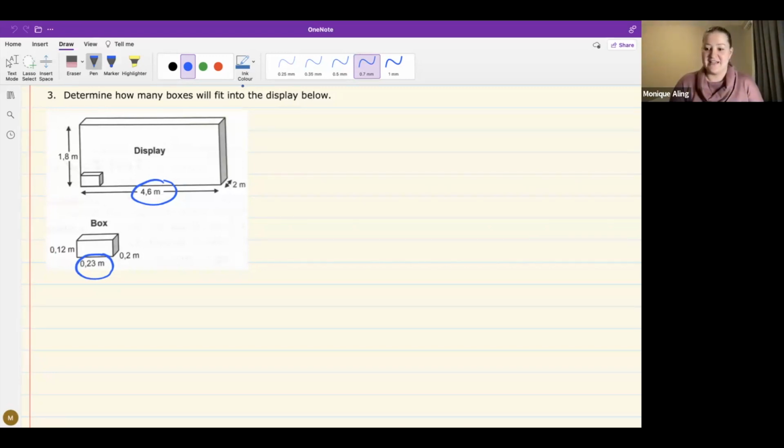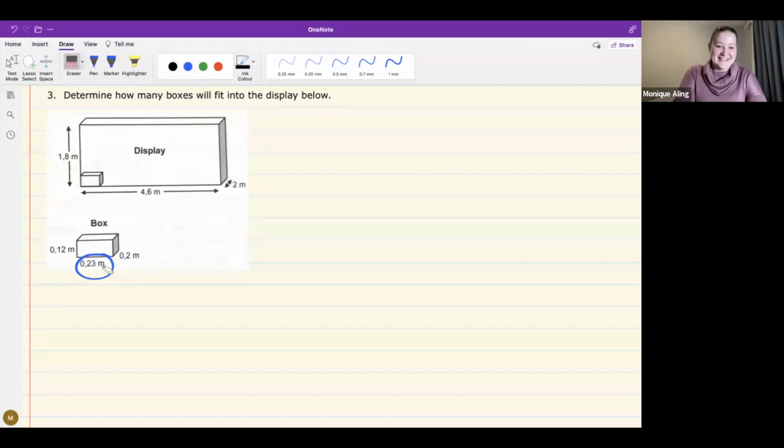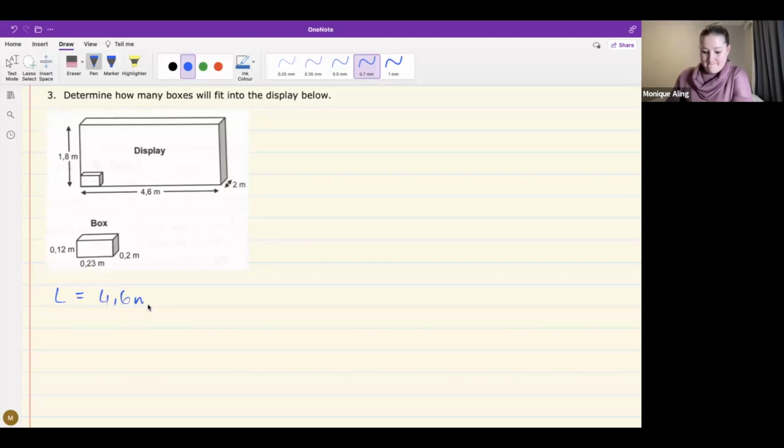We have Caleb and Ben whose hands are up. So I think I'm going to unmute Ben first because their Caleb hand went first up. Sorry, yes, Caleb. That's what I actually meant. There we go. Hello, Caleb. How are you? So what I did was I took 4.6 meters and divided it by 0.23, which gave me 20.